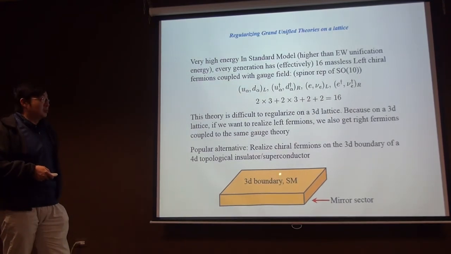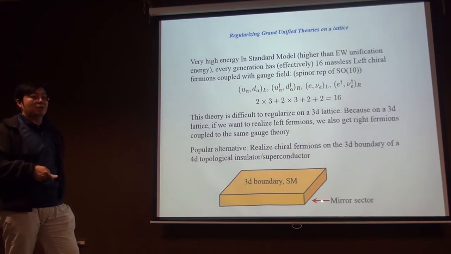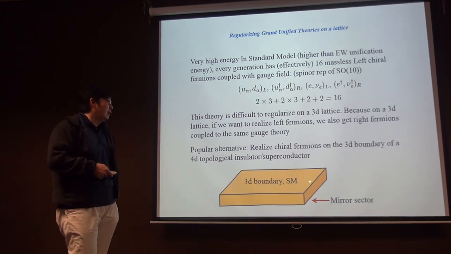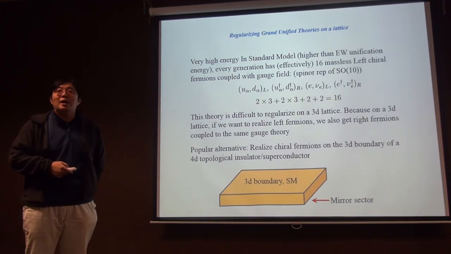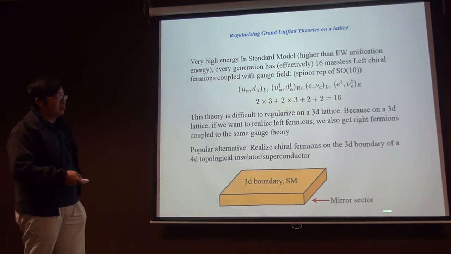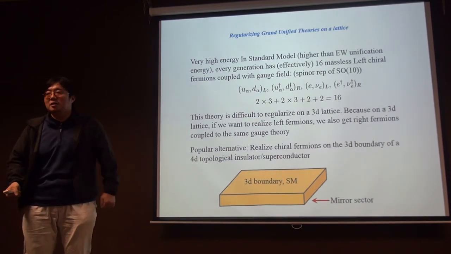Suppose I start with a 4+1 dimensional integer quantum Hall state, then there's no problem realizing a 3+1 dimensional chiral fermion on one of its boundaries. However, there will be a right-handed chiral fermion on the bottom boundary. So we don't really get a chiral theory, but we just separate them a little bit.